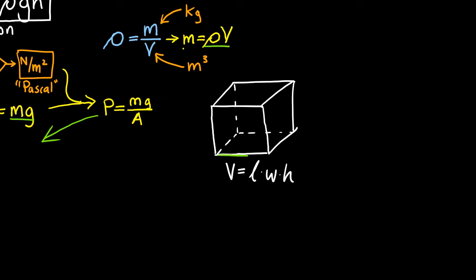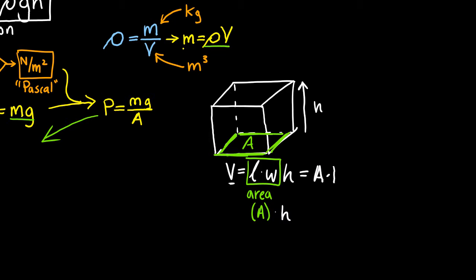So length times width is really just area, which we can abbreviate with capital A, and it's still multiplied by height. Area is two-dimensional, height is one-dimensional, so area brought to the third dimension by multiplying by height gives us our volume. In reality, and more simplified, volume is equal to area times height.